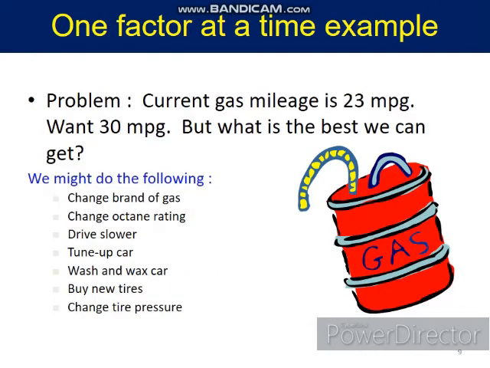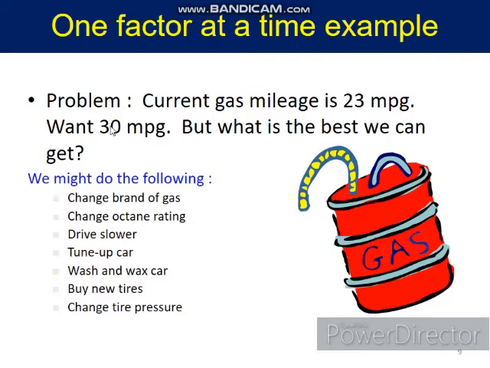Okay, let's look at a one-factor-at-a-time example. This is experimentation using the one-factor-at-a-time approach with respect to the gas mileage you can get from a car. The problem is that the current gas mileage of our car is 23 miles per gallon.